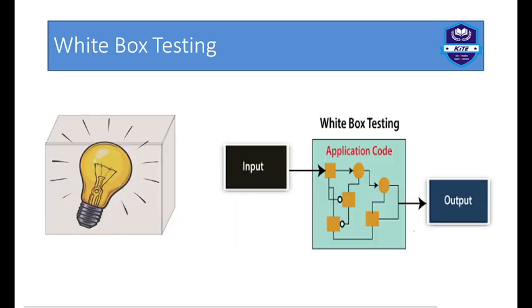White box testing means the developer develops the code and tests the code line by line, then hands over the code to the tester, the software test engineer. The software test engineer goes through the code and further tests the software application, whether it meets the customer requirement or not.